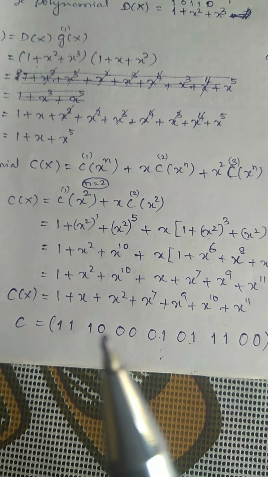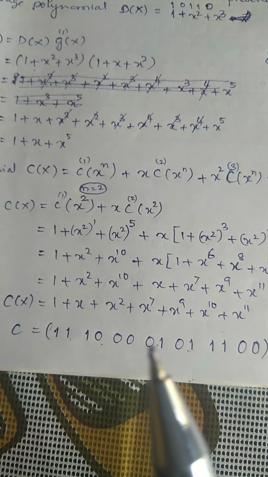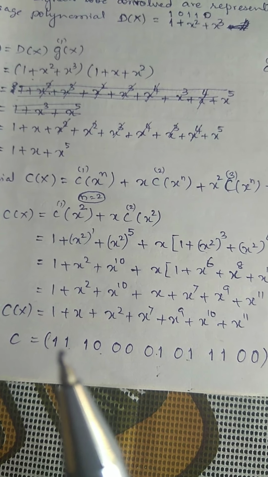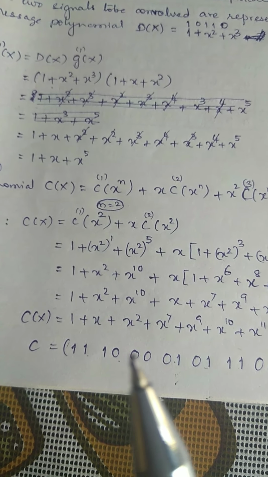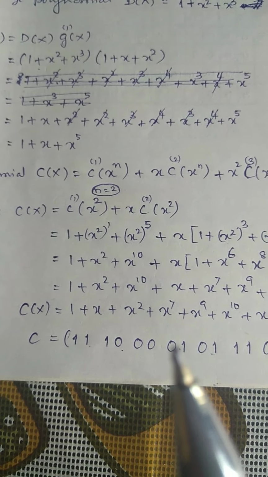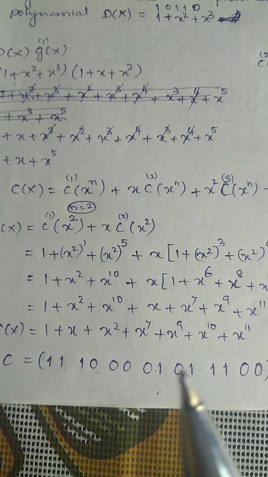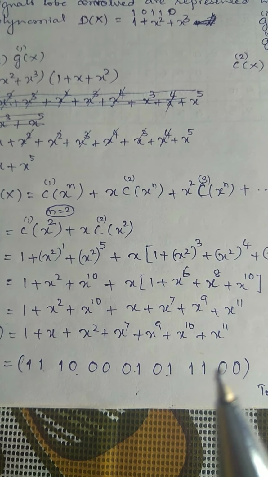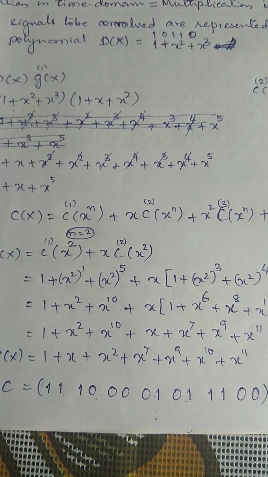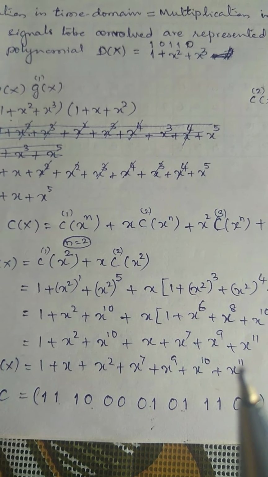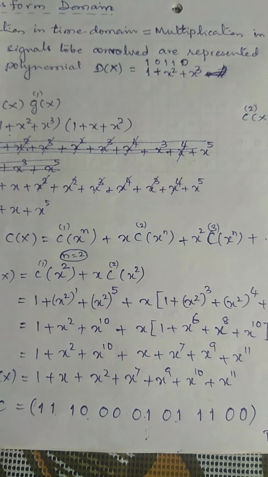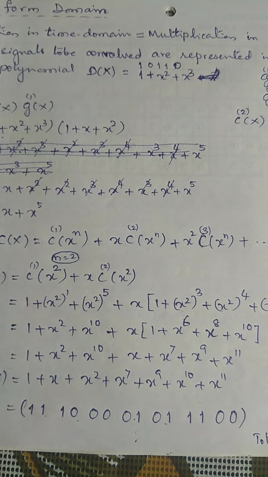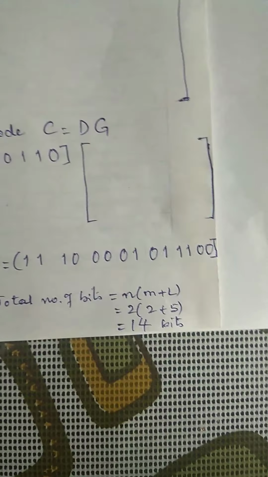Converted into bits: 1, x, x2 are present, x3 is not there, x4 is not there, x5 is not there, x6 is not there, so x7 is 1, x8 is not there, x9 is 1, x10 is 1, x11 is 1. When you look at this convolution code, it is the same as what we obtained using the time domain approach.